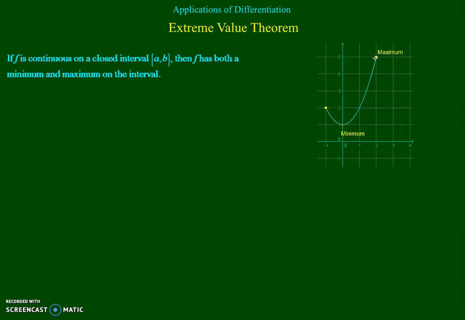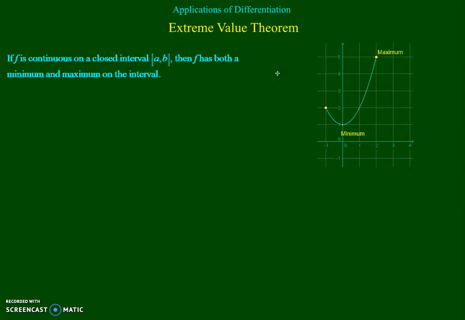You just keep getting closer and closer to 2. So this function would not have a maximum if it were discontinuous. Likewise, if it were discontinuous at a minimum point down here, the function would not have a minimum. So on an open interval, a function need not have a maximum and a minimum, but on the closed interval, it must have a maximum and a minimum, according to this theorem.